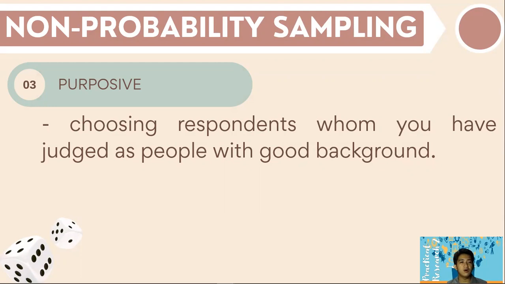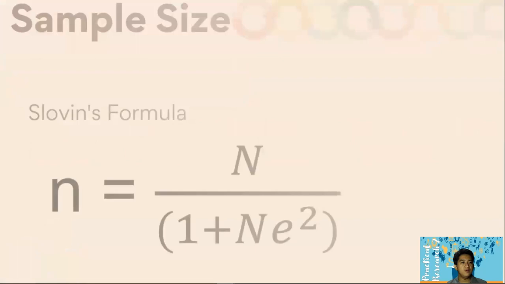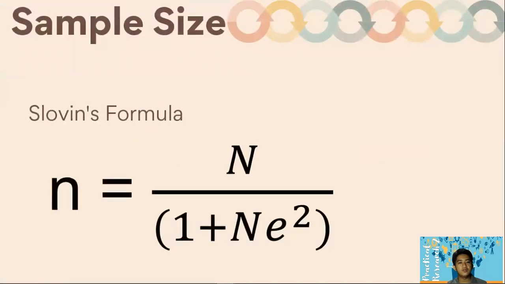So let's take note that you are going to calculate the sample size, so that you can have only a small portion which will represent the whole population. With that, we can calculate the sample size through the use of Slovin's formula. Slovin's formula is n equals capital N divided by 1 plus NE squared.